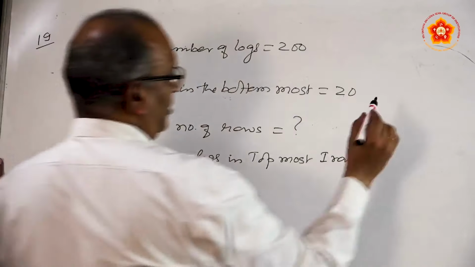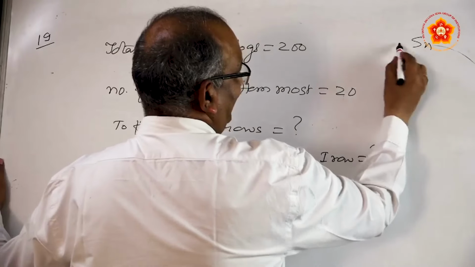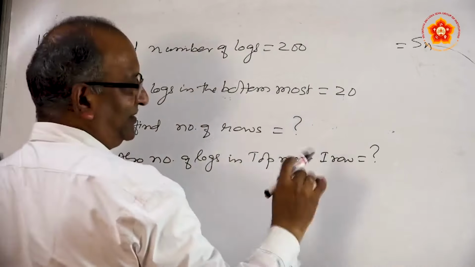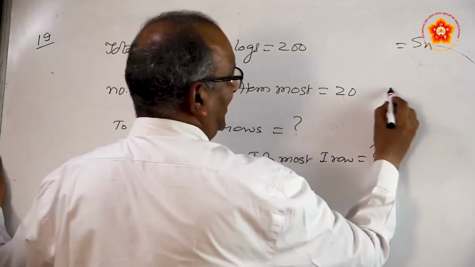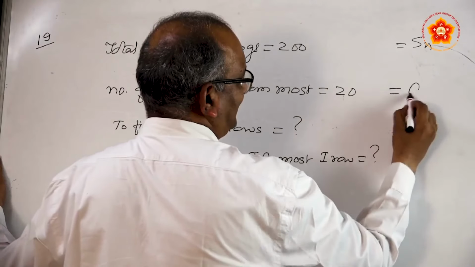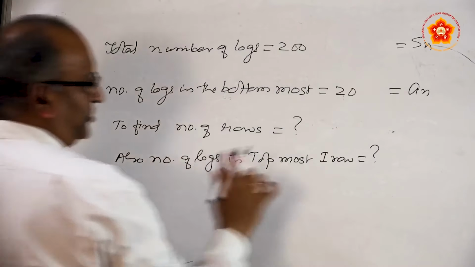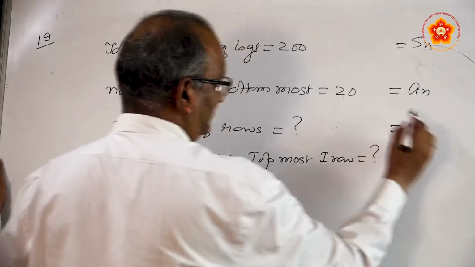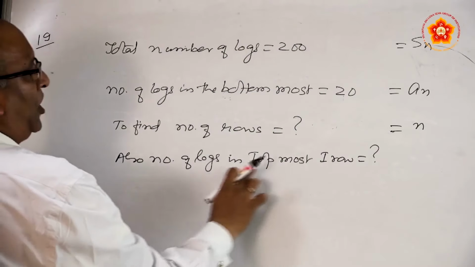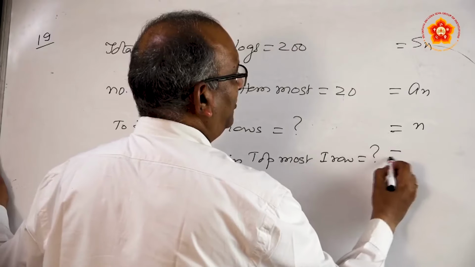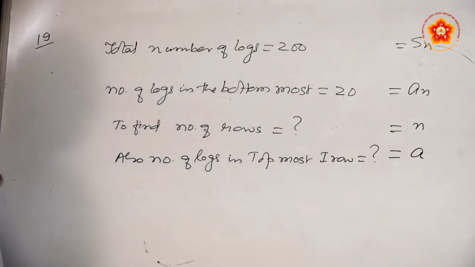Total number of logs, we can take it as Sn. The number of logs in the bottommost one, the last layer, can be taken as An. We want to find out the number of rows, we can call it N. The number of logs in the topmost first row we want to find out, we can say it is A. So these are the things given.